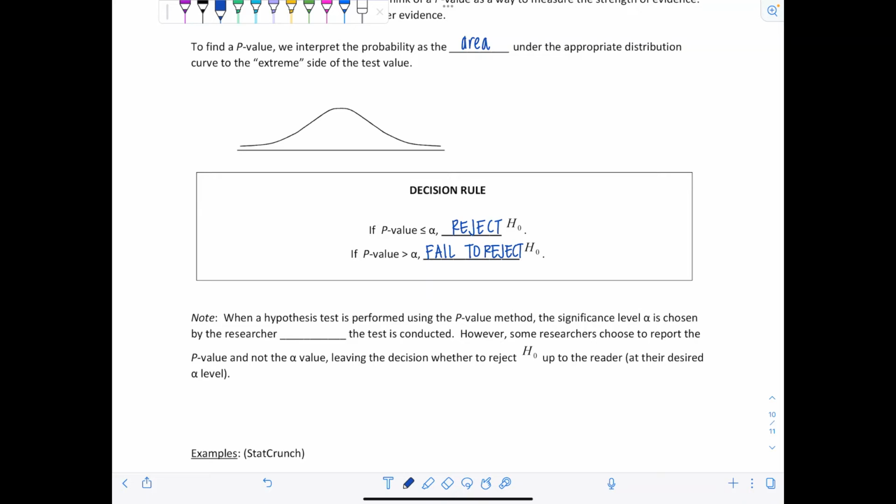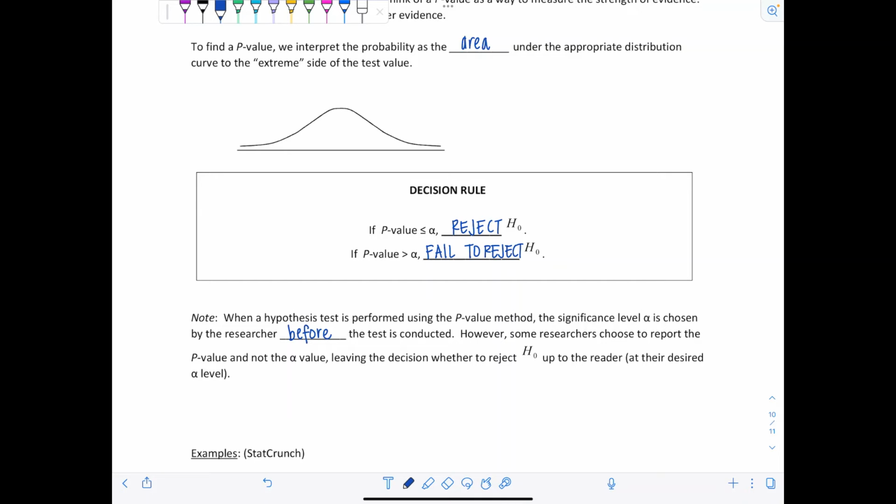All right? And when a hypothesis test is performed using the p-value method, the significance level alpha is chosen by the researcher before the test is conducted. However, some researchers choose to report the p-value and not the alpha value, leaving the decision whether to reject H0 up to the reader at their desired alpha level.